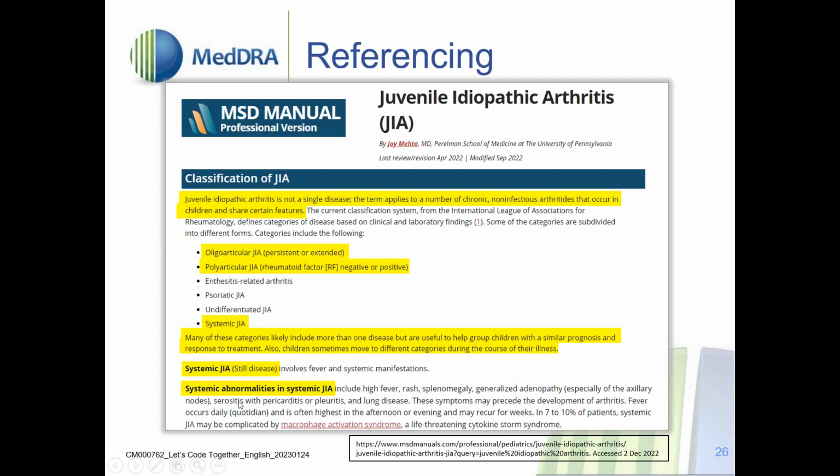So we also are told that systemic JIA is called Still's disease. And we have already seen this term when looking into the browser before. It is a separate PT in the MedDRA hierarchy, meaning it is considered a separate medical concept because of its systemic nature.